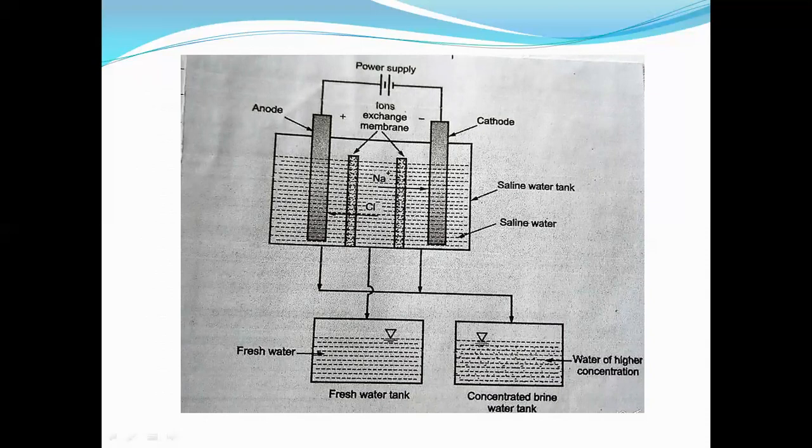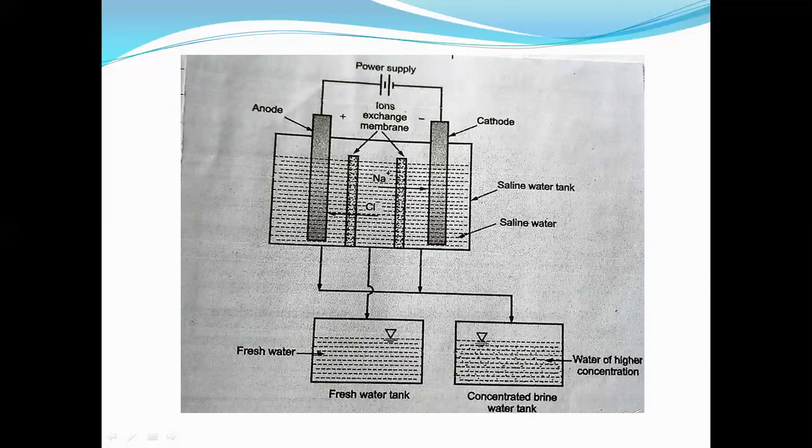Means in this electrolysis process, we pass the electric current through the water, then ions from this saline water are attracted towards the anode and cathode, and then the fresh water is collected into the fresh water tank, and the concentrated brine water or the higher concentration water is collected into the concentration water tank.